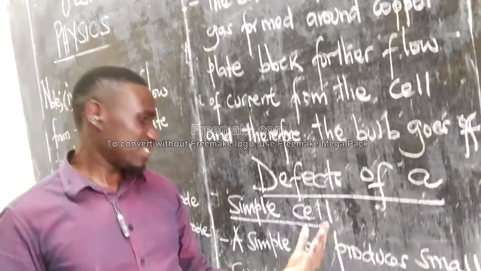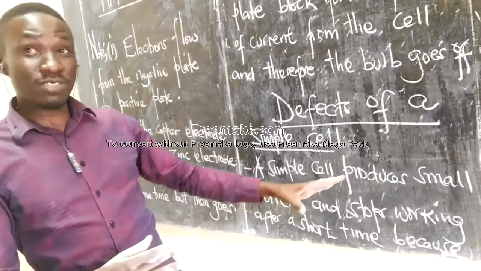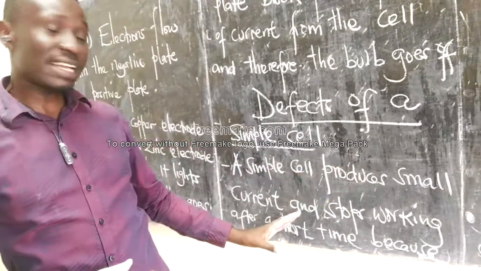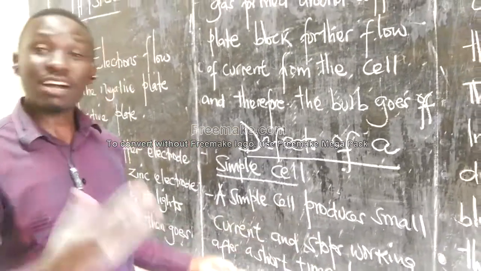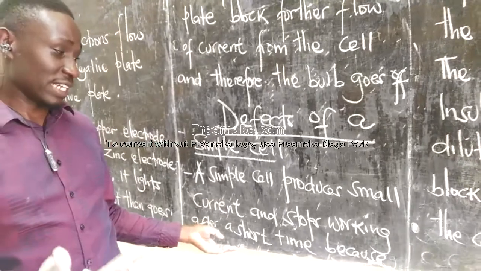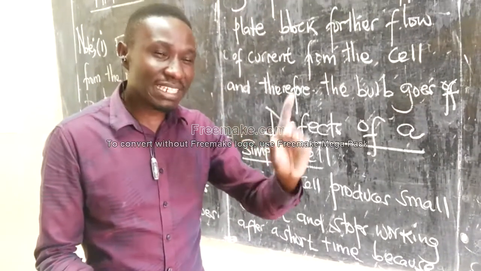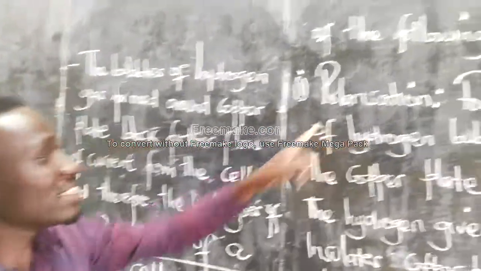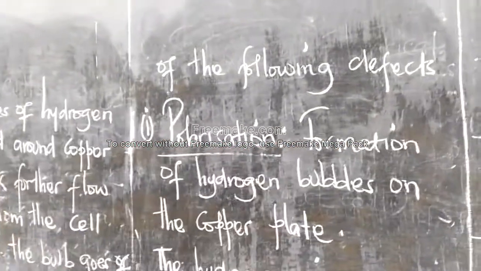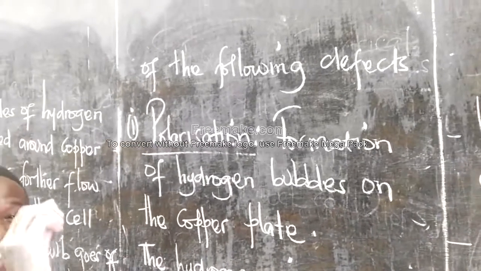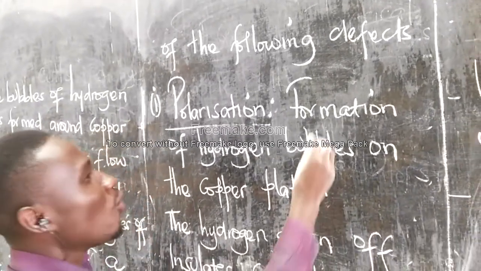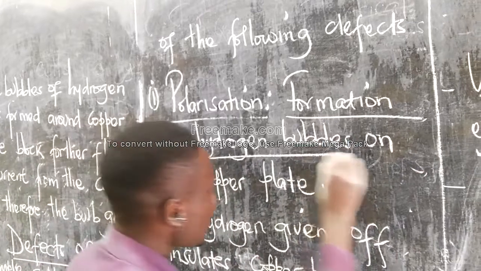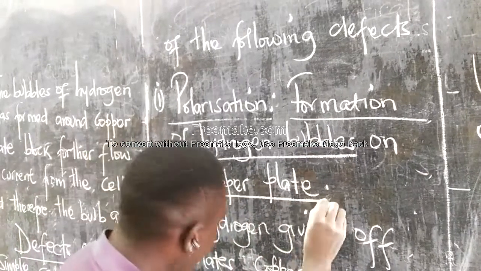So, defects of a simple cell. One, we have said that a simple cell produces a small current and stops working after a very short period of time. I told you that. And it stops working after a short period of time because of these defects. One is called polarization. And I've told you that polarization is simply the formation of hydrogen bubbles along the copper plate.